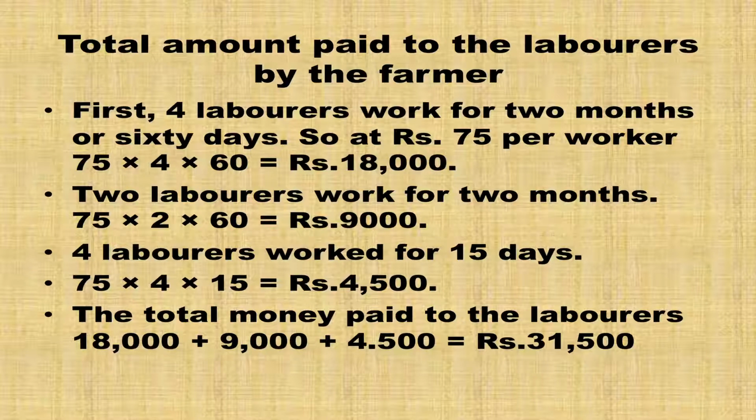This comes to 75 into 2 into 60, which is 9,000. And finally, the 4 laborers work for 15 days, which comes to 75 into 4 into 15, which is rupees 4,500. Adding the 3, as you can see on the slide also, it gives us a total wage payment of rupees 31,500.